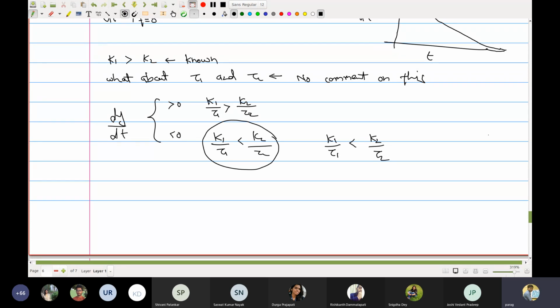One process which supports the dynamics, and that is signified by the index 1, K1 and tau 1. There is one process which is supporting the dynamics to go in a direction of the applied change to the system. And then there is something which is opposing the dynamics.